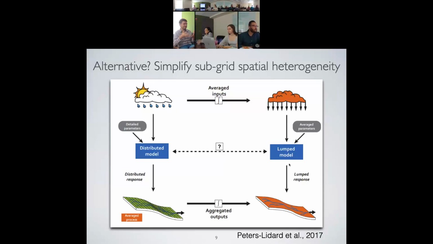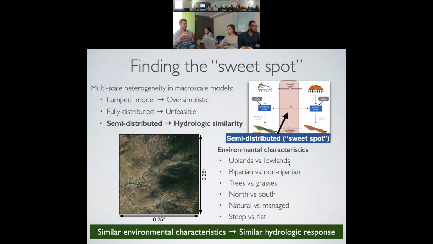In the context of our problem, that would be to take my entire 1 degree grid cell and just assume homogeneous soils, homogeneous vegetation, homogeneous everything. So there are effectively two ways to view this, and what we are interested in is the sweet spot. Think about the word tiles. Tiles is where I'm going with this.